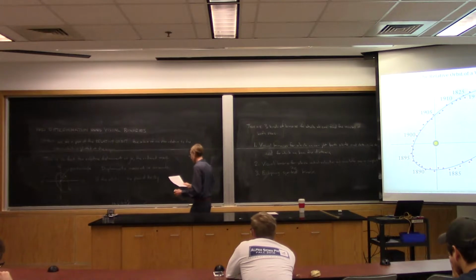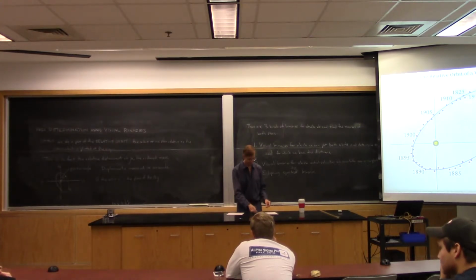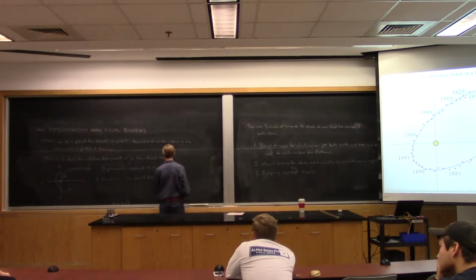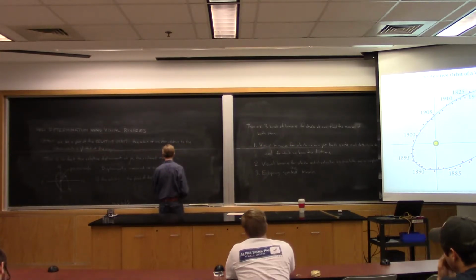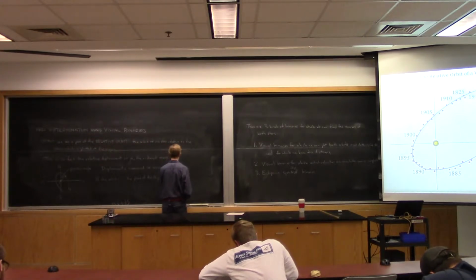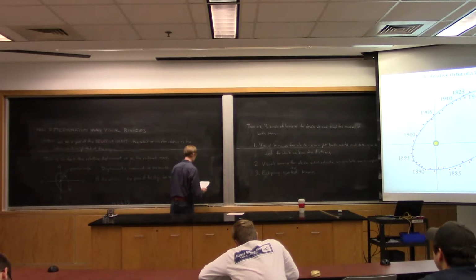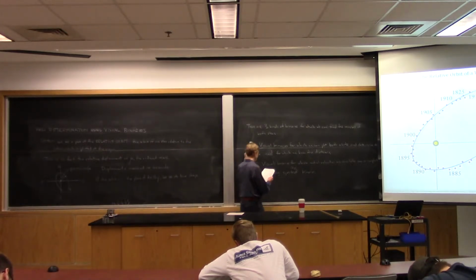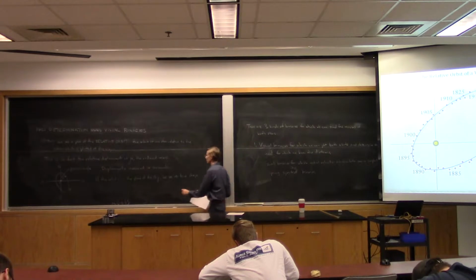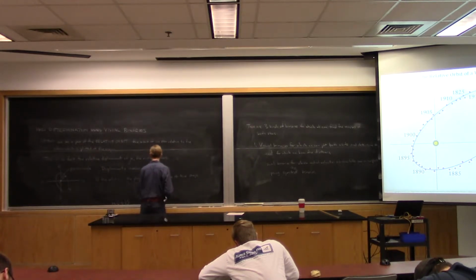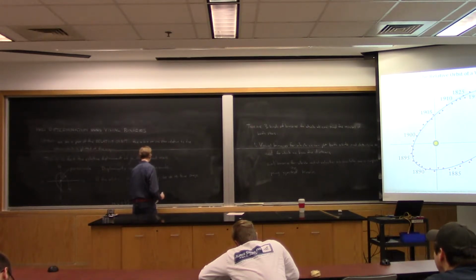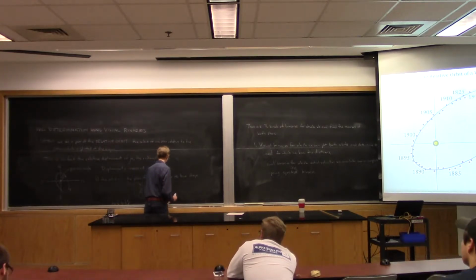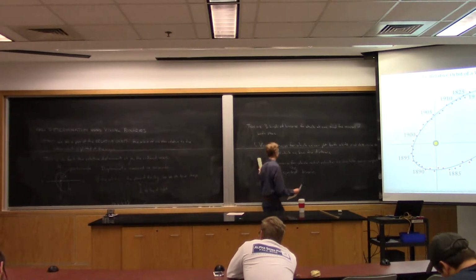If the orbit is in the plane of the sky, then we see its true shape. Plane of sky means perpendicular to line of sight.